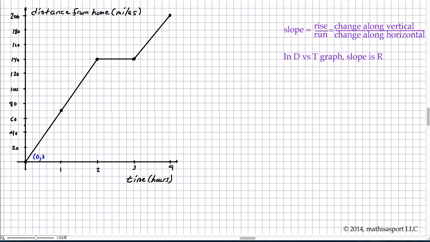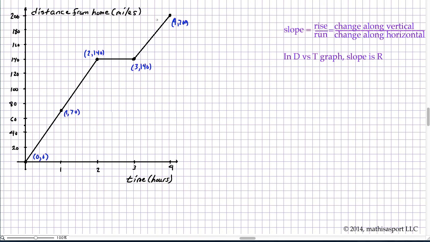This is going to be 0, 0. This would be 1, 70, 2, 140, 3, 140, and 4, 200. Now, I'm not going to calculate the slopes for every segment, but I would invite you to do that, just to make sure that you're up to speed on calculating slopes.